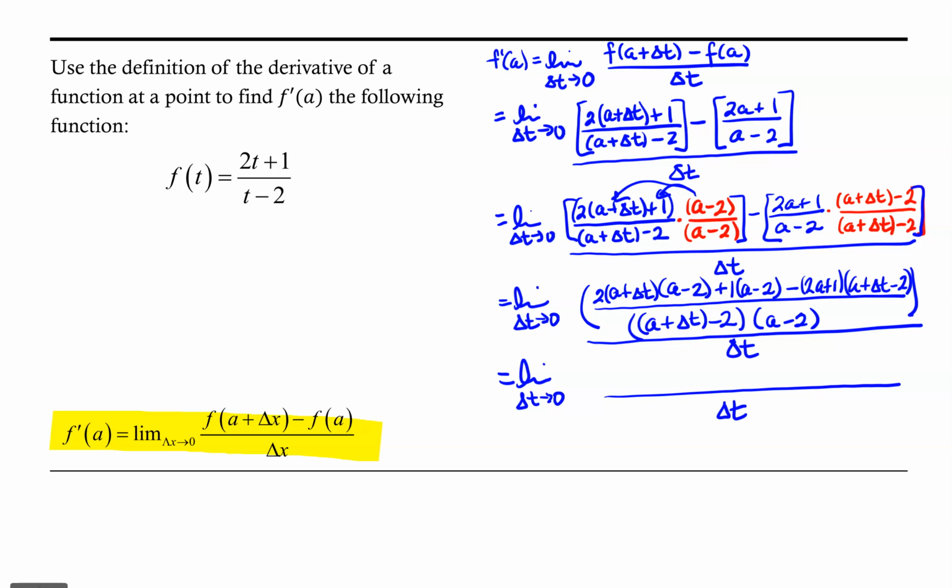And we're going to use the distributive property to multiply out our numerator. So I've got a times a, and then multiplied by this coefficient of 2, so 2a squared. And then we've got a times negative 2, negative 2a. Again, this initial coefficient of 2 will make that a negative 4a. Continuing, we have delta t times a, so delta t a, but this initial 2 will make that 2 delta t a, and that is positive.